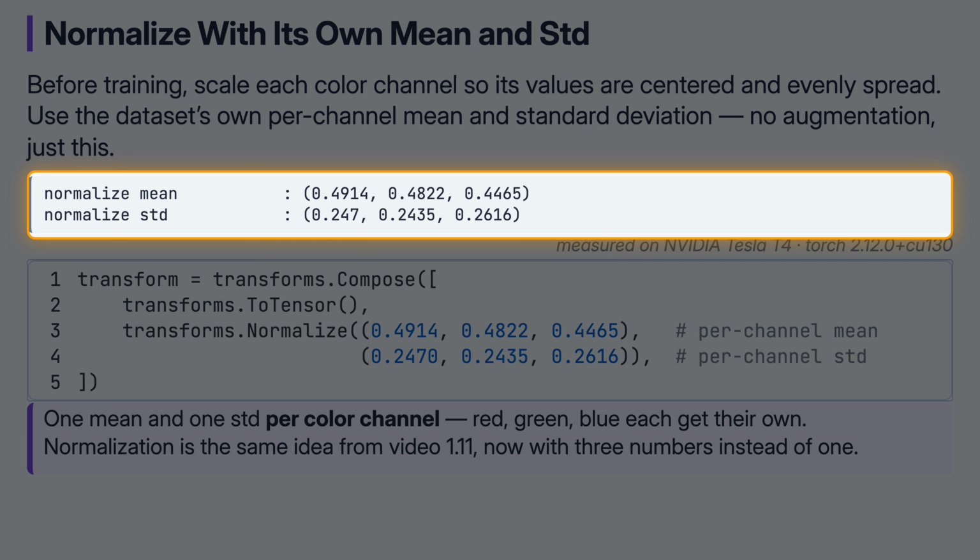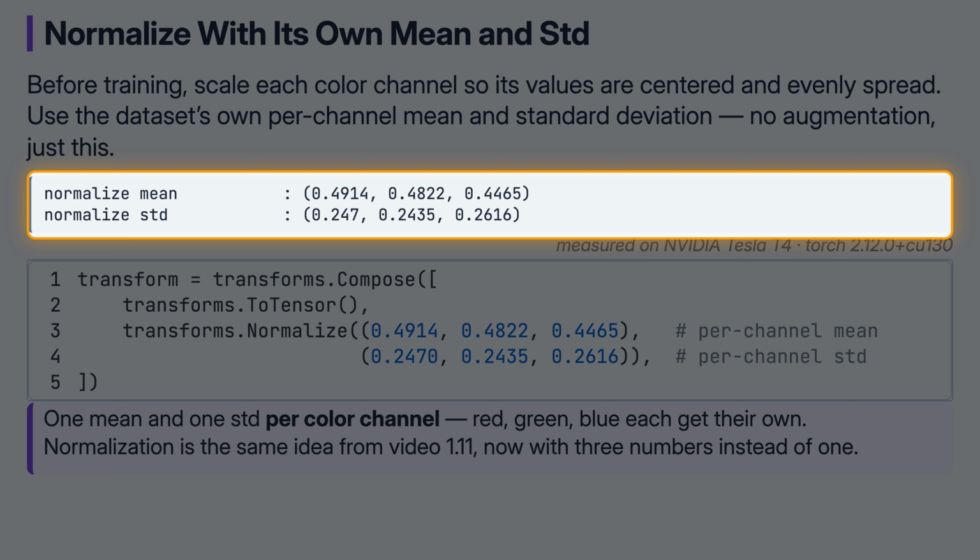Before training, we scale each color channel so its values are centered and evenly spread. We use the training set's own average and spread, 1 pair of numbers per channel. The 3 means are about 0.49, 0.48, and 0.45. The 3 standard deviations are about 0.25, 0.24, and 0.26.